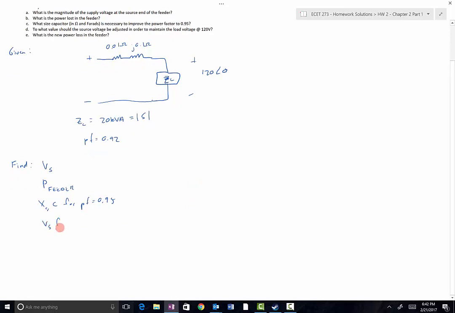What is Vs for the new power factor? And what is P feeder once we've changed the power factor?